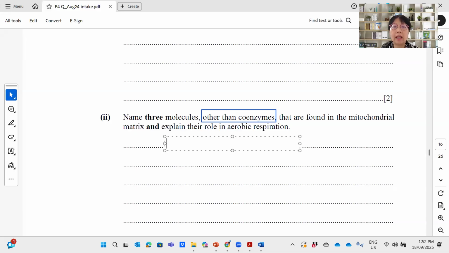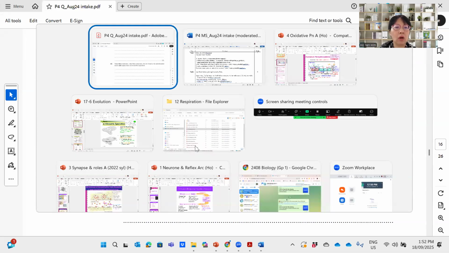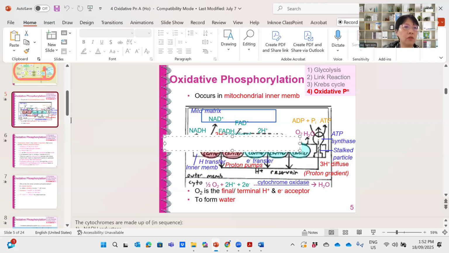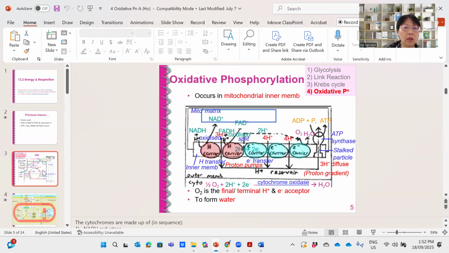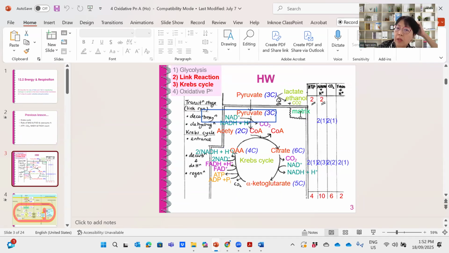So other than that, any other molecules involved in the aerobic respiration in the matrix will have marks. So I have pulled out just now this oxidative phosphorylation. Okay. Here. So this is matrix, right? So what can you find in matrix?